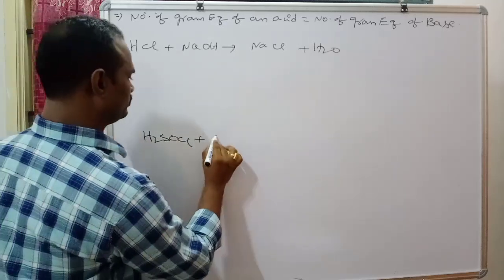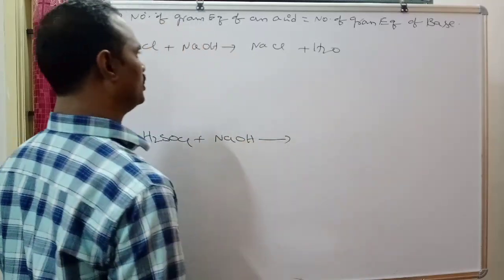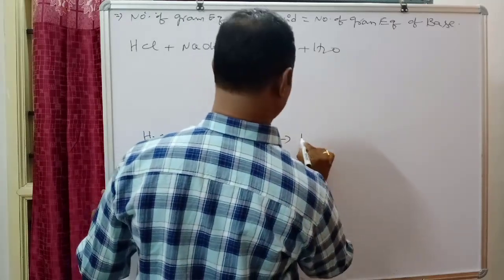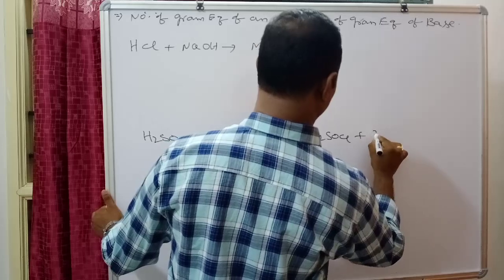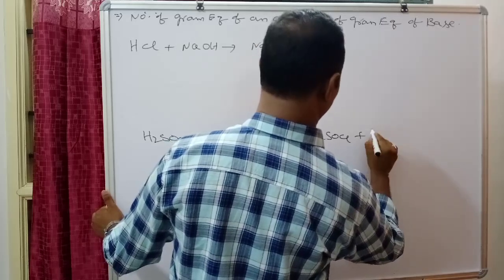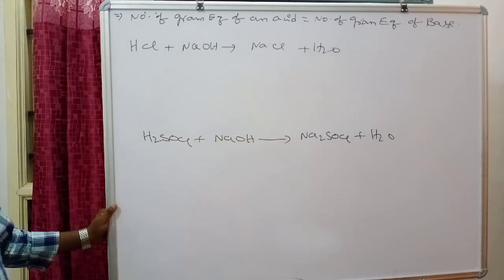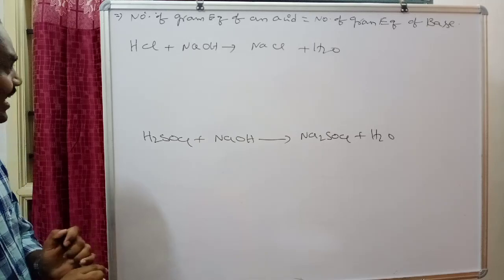One more example: H2SO4 reacts with sodium hydroxide and forms Na2SO4 plus H2O. For these 2 equations, first you have to check whether both are balanced or not.